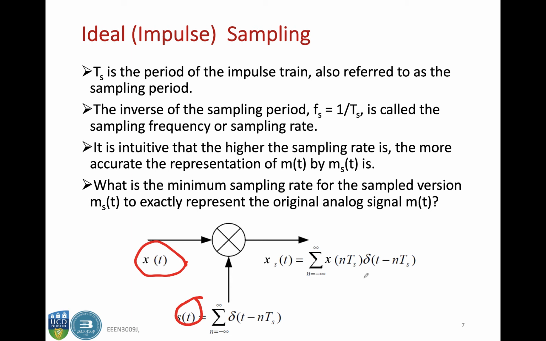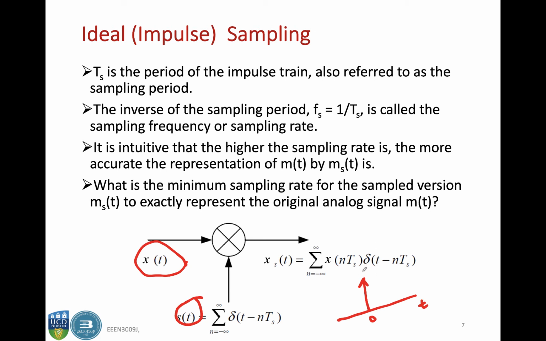So what does that mean? If you have an impulse function which has a very sharp spike at 0, and everywhere else it doesn't have a value, with respect to time t.